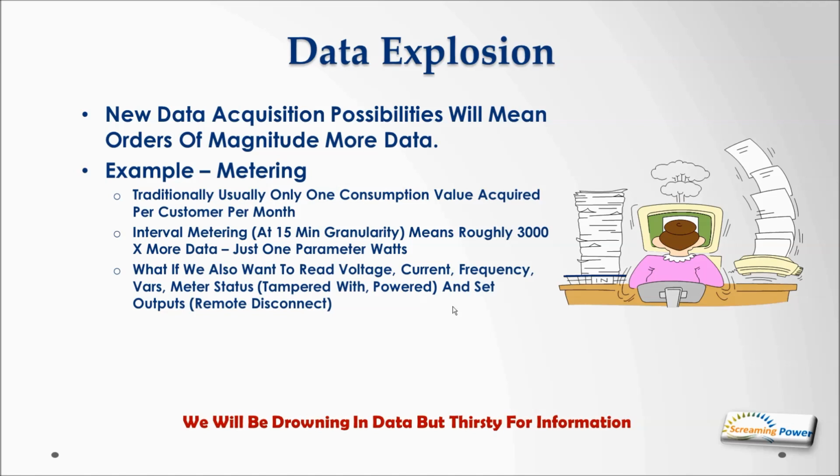Well, what this means is that we'll be drowning in data, but we're thirsty for information. We will have streams of data coming in, but unless we can turn that into meaningful information that people can understand quickly and make use of, then we're basically missing the whole point.